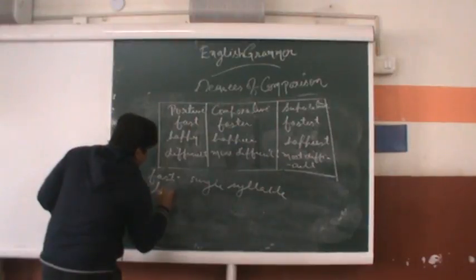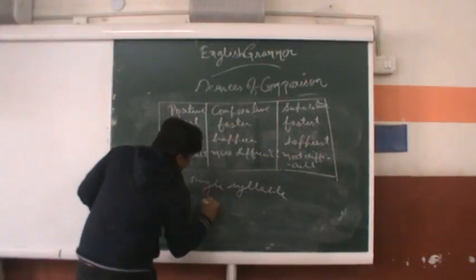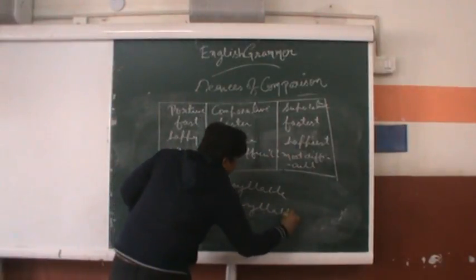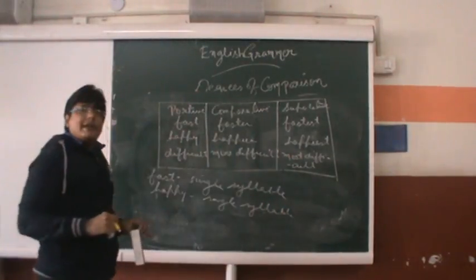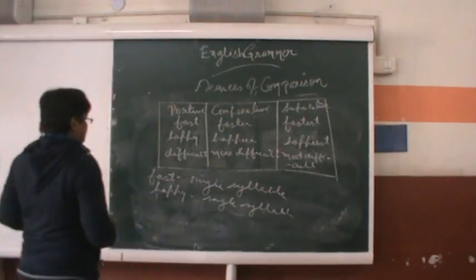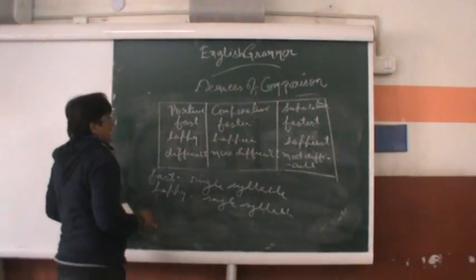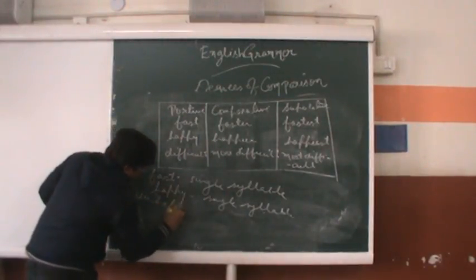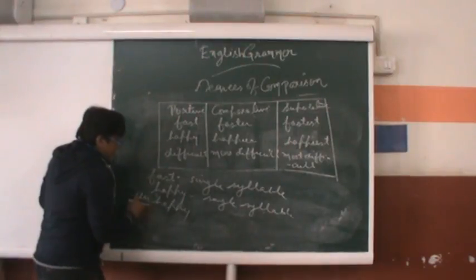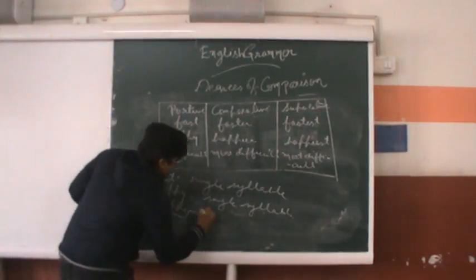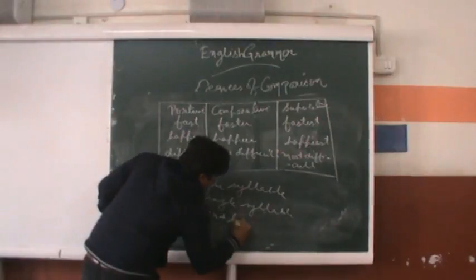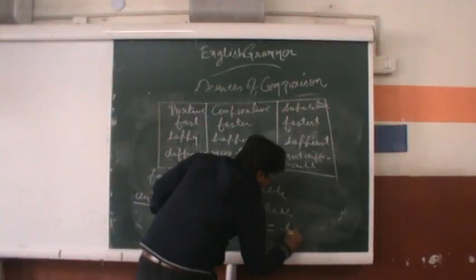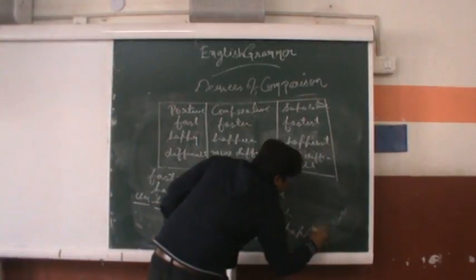Even when you say happy, it is a single syllable, or we call it monosyllable in terminology. But even if I say unhappy, they become two syllables, un plus happy. So now I cannot apply an er before it.